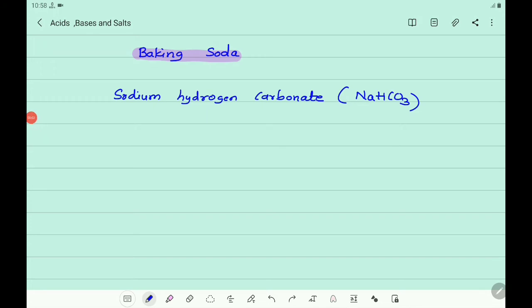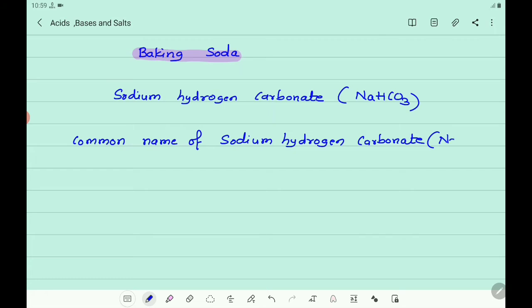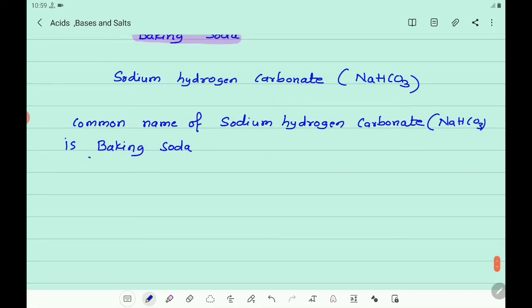So you write that the common name of sodium hydrogen carbonate is baking soda, and NaHCO3 is its molecular formula. What is the chemical name of baking soda?